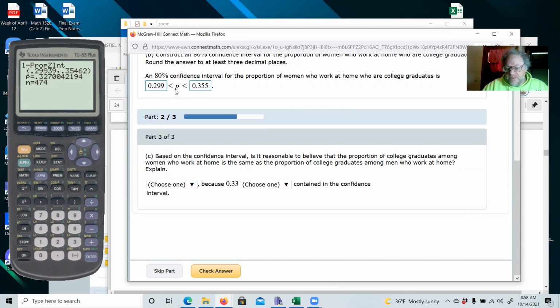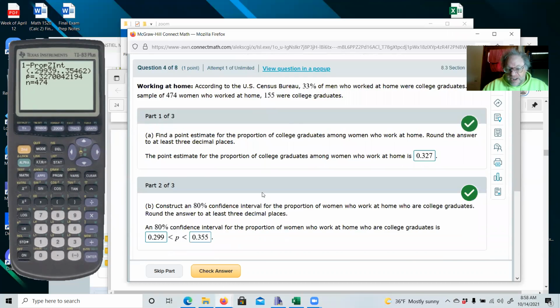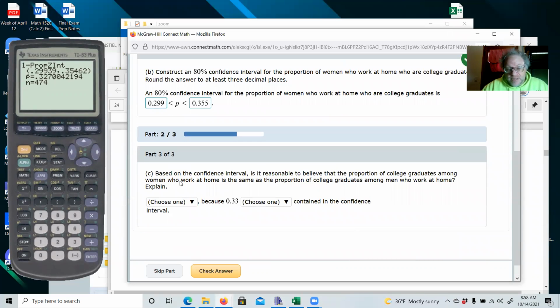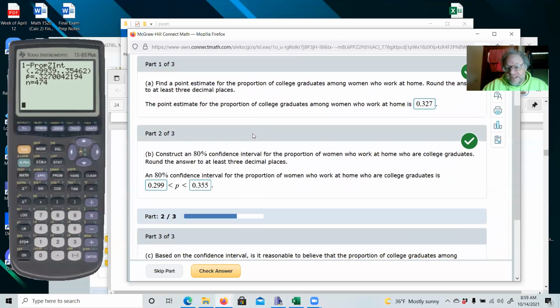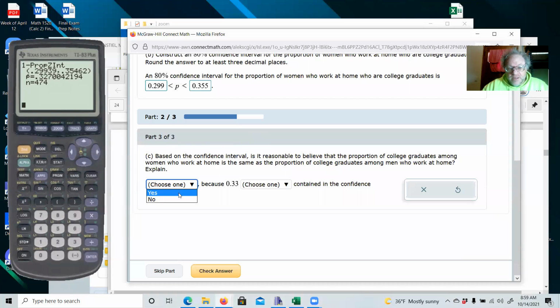Yeah, it does. With my statistics vision, I can't tell the difference between 30 and 35%. Since it's inside, I don't have any evidence to say that it's different. So we're going to say yep, it's the same.